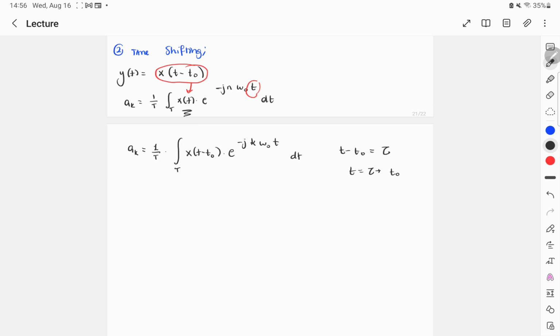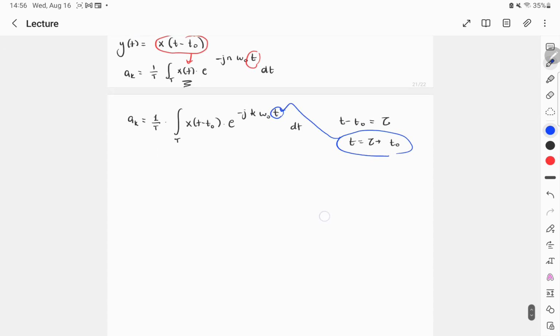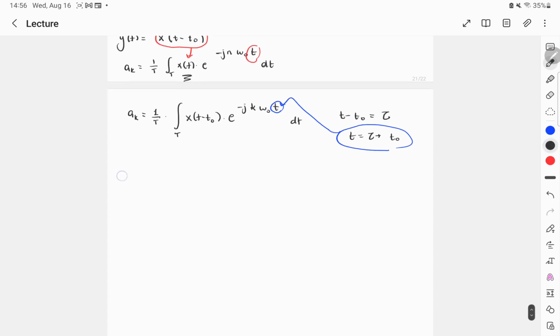And let me write it this time. Instead of t, we will write t0 plus tau, and we will write it as x(tau). This time I wrote tau instead of this expression, times e to the minus j k omega (tau plus t0) dt.